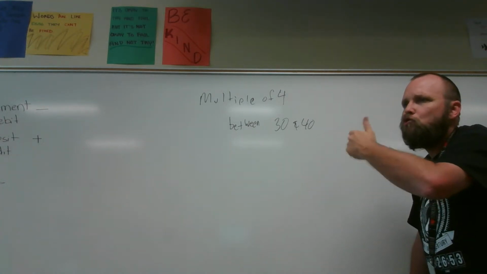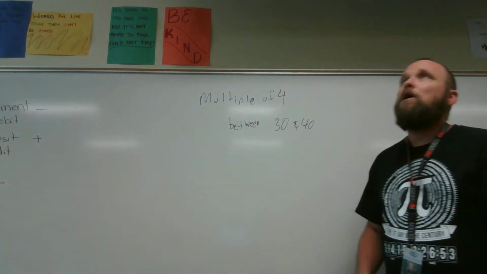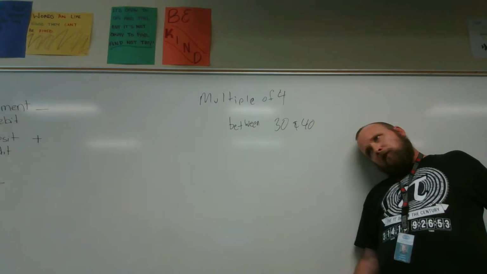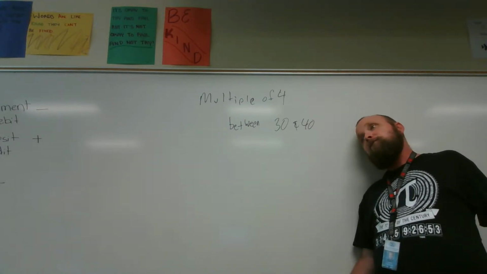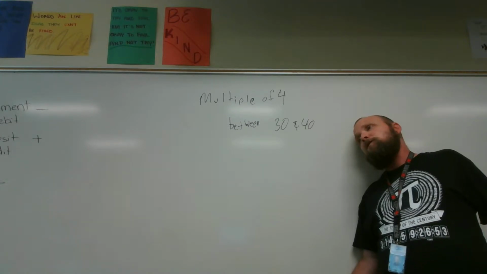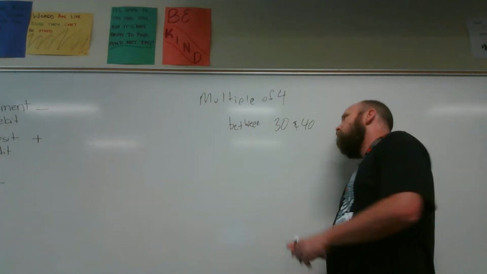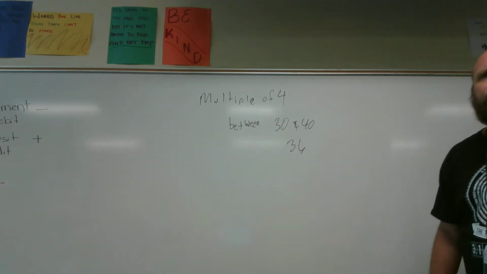So one between 30 and 40. 12 is not between 30 and 40. For the love of Pete, Jake, you're answering whatever question you want. Say again. What was your answer? 36. Are there others, Victoria?